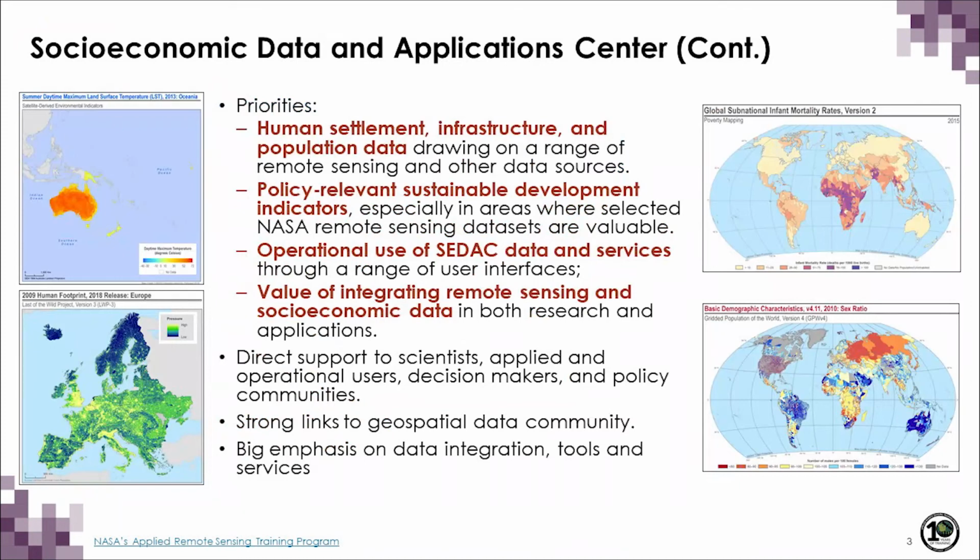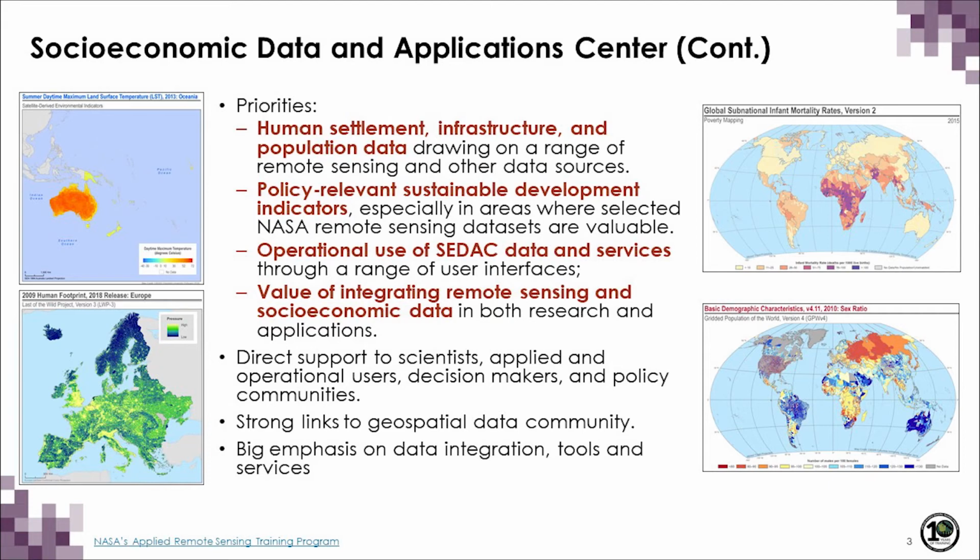In terms of priorities, SEDAC priorities include human settlement, infrastructure, and population data, drawing on a range of remote sensing and other data sources, policy-relevant sustainable development indicators, especially in areas where selected NASA remote sensing datasets are available, operational use of SEDAC data and services through a range of user interfaces, and the value of integrating remote sensing and socioeconomic data in both research and applications.